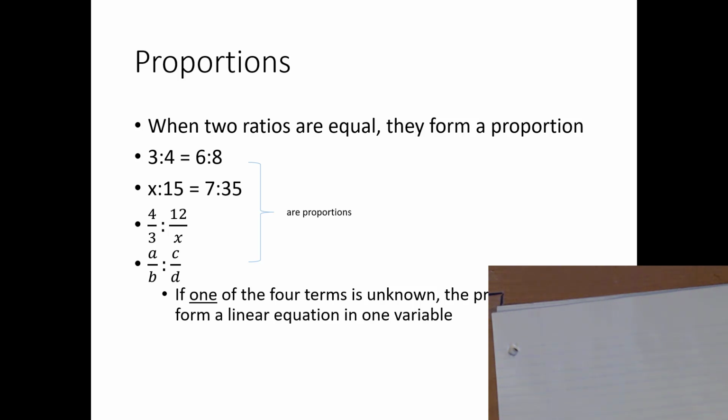Now, what if one of the numbers is unknown to us? For instance, we may have looked at the markets and noticed that the Canadian dollar is trading at a certain ratio to the American dollar. That is known.